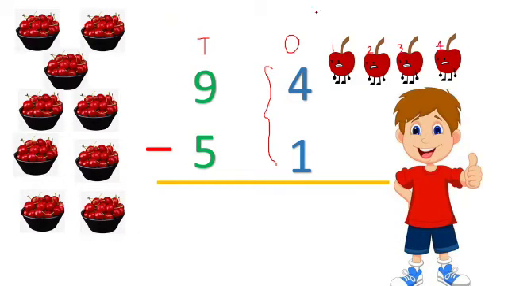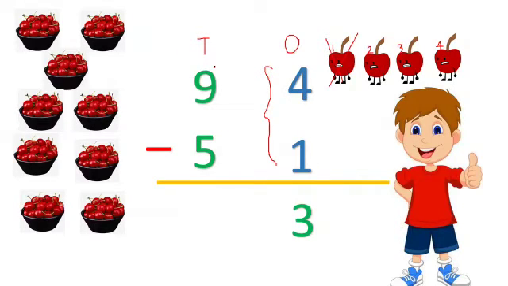We are going to cancel 1 from the 4 ones. So we are going to cancel 1 from 4. How many ones do we have? 1, 2, 3. Great. So 4 minus 1 equals 3.